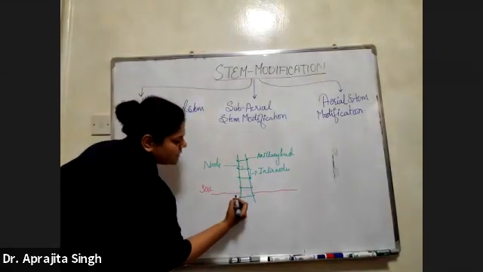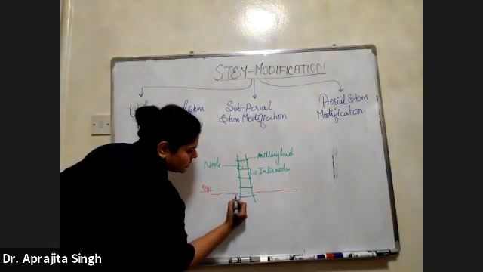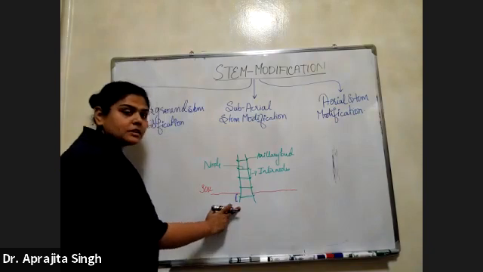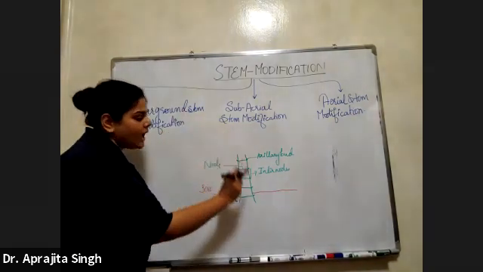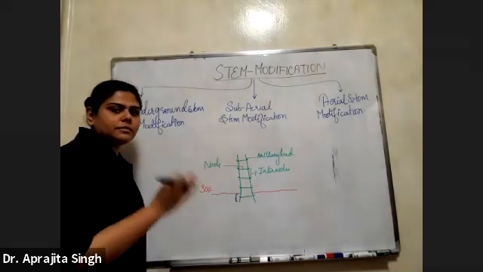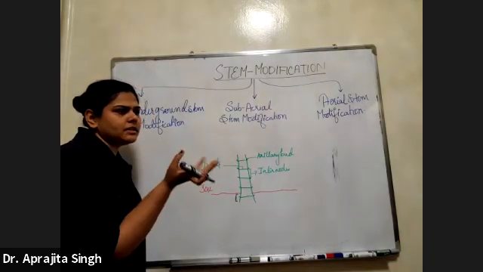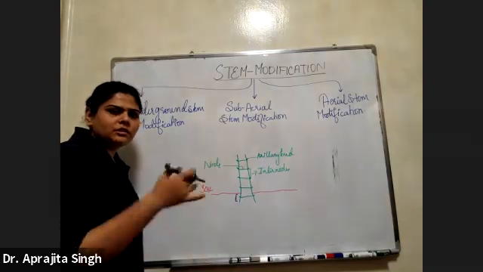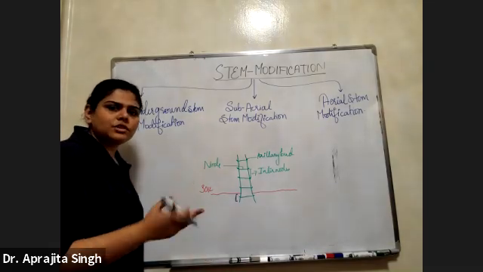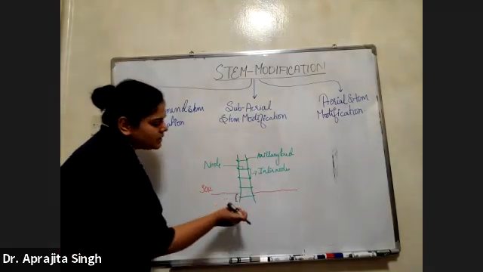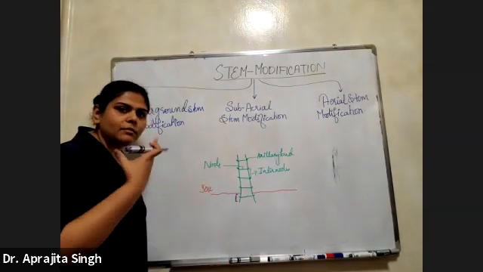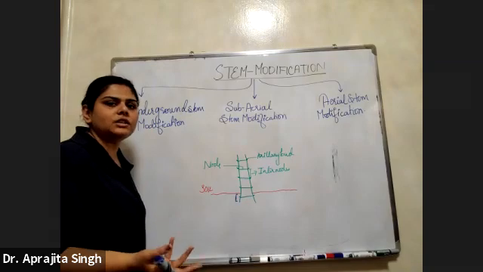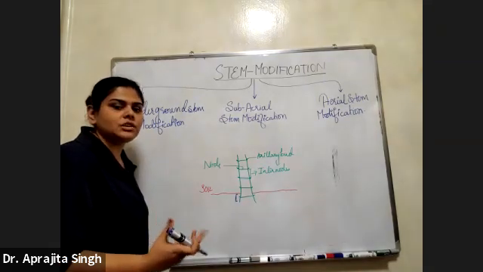See here. This region which is inside the soil is known as the underground stem. Because of some adverse situations or some evolution, whatever, this underground stem undergoes some modification. Some changes occur in it.